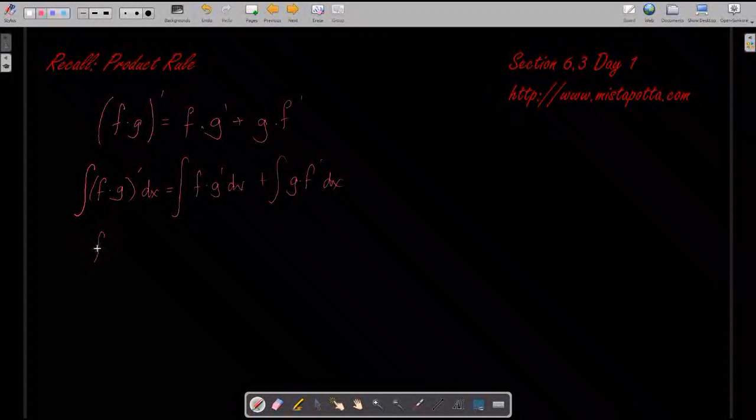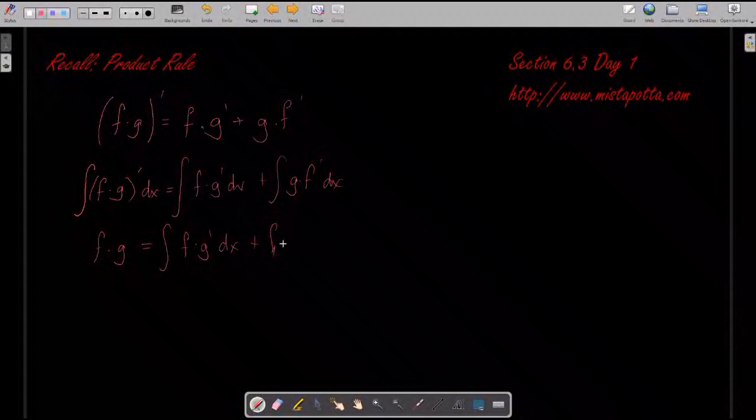But this is going to be equal to the sum of two indefinite integrals, f times g prime, and g times f prime.